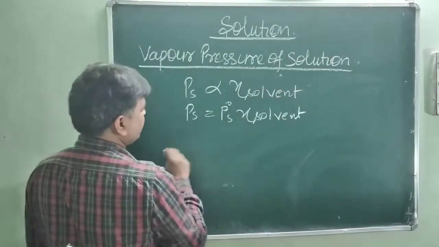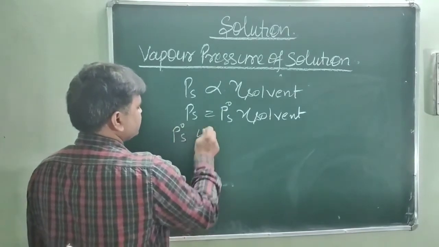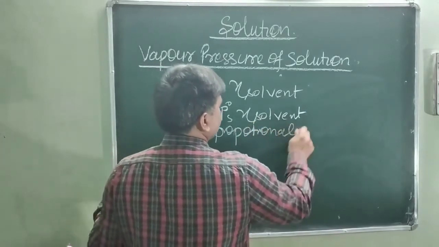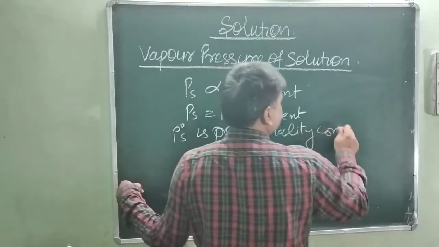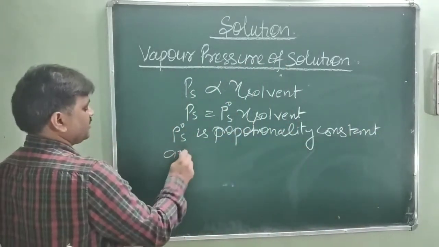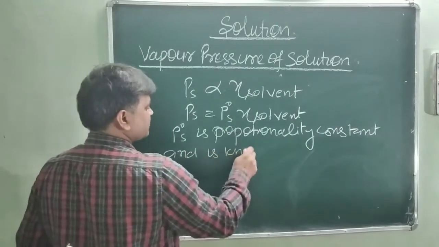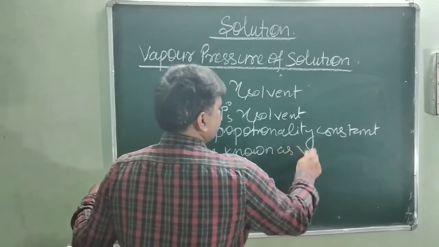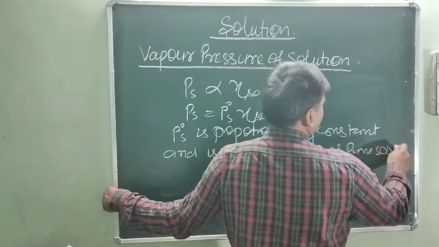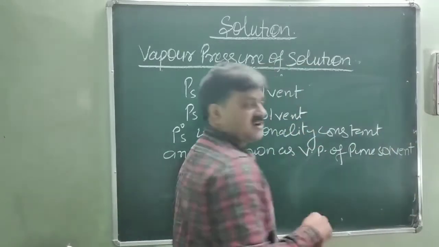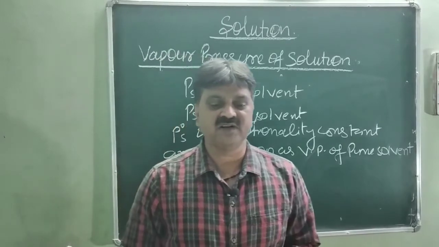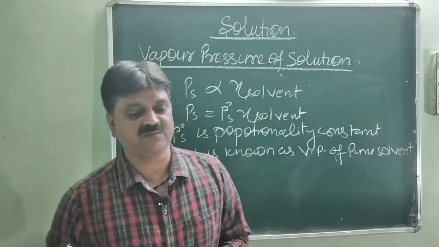P naught S is the proportionality constant and it is known as the vapor pressure of the pure solvent.